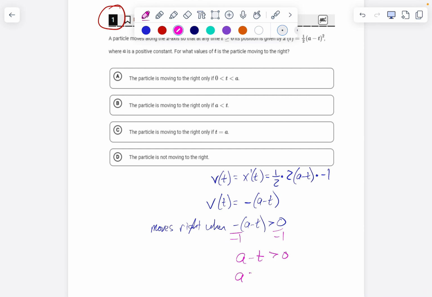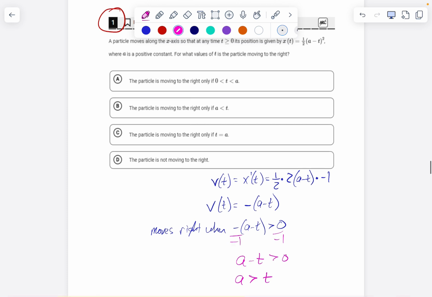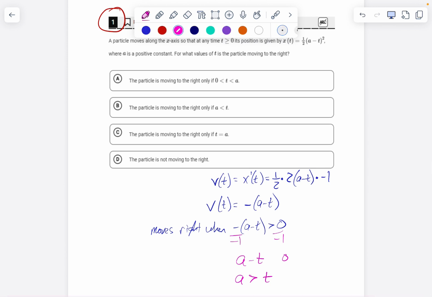And then add your t. So which one is that? Oh, you divided by -1. Hey, good job. I never forget that. That is annoying.